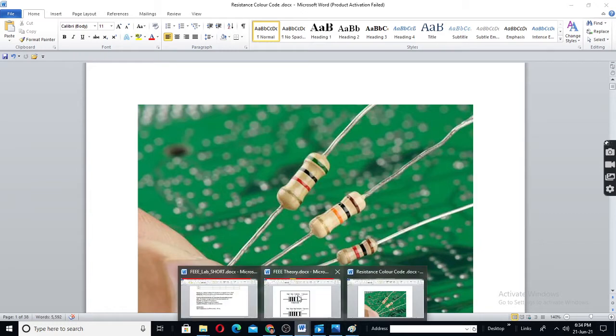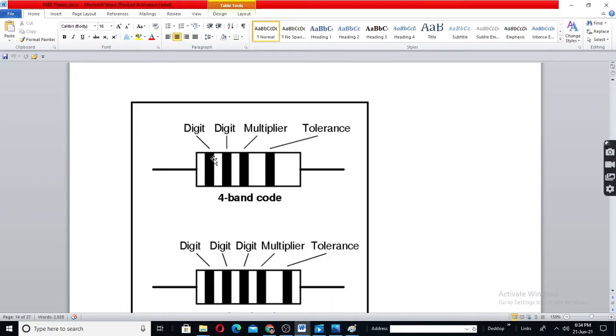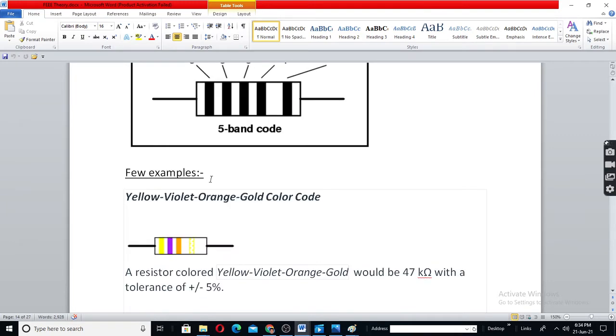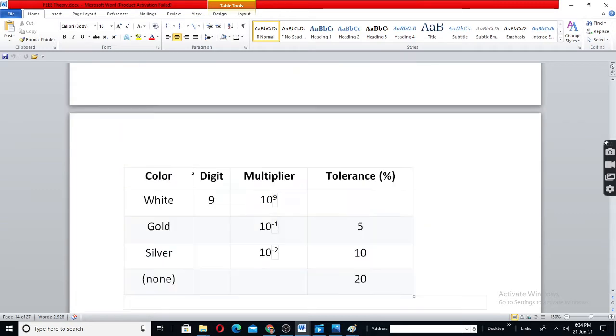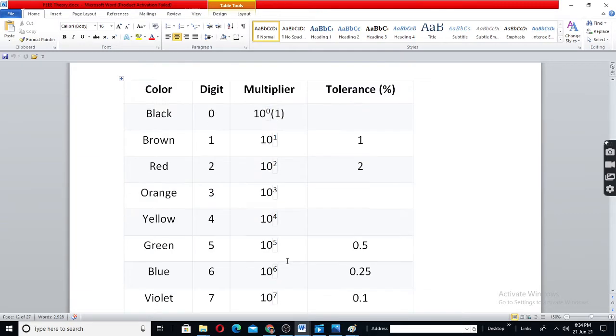So you should write the digits. For example, say you have yellow, yellow, orange, and gold. See, gold and silver are metals. All other things are non-metals.